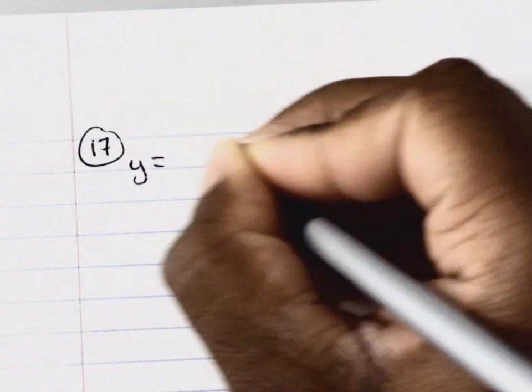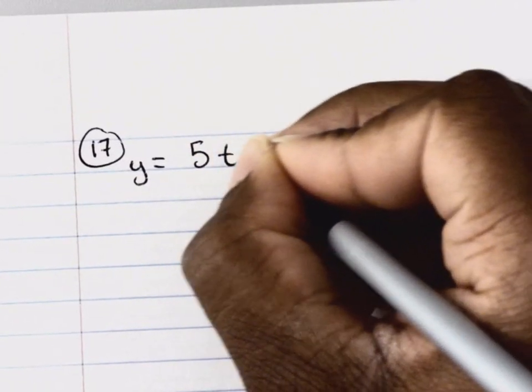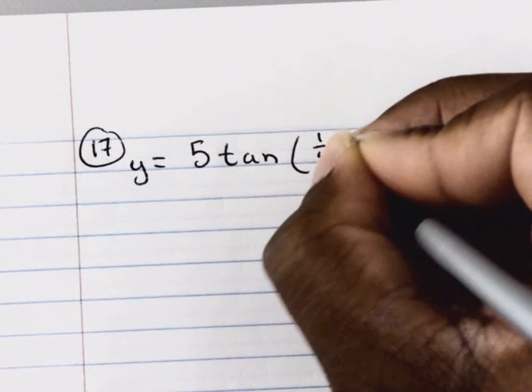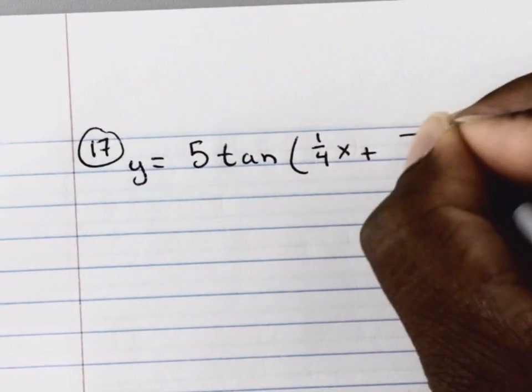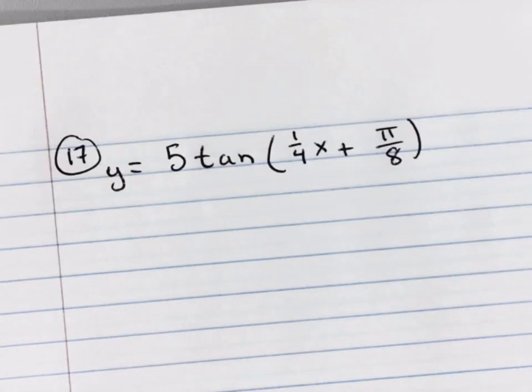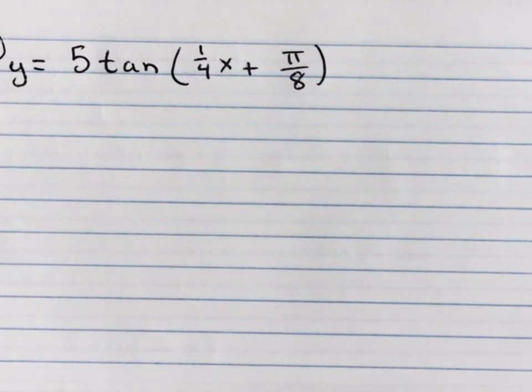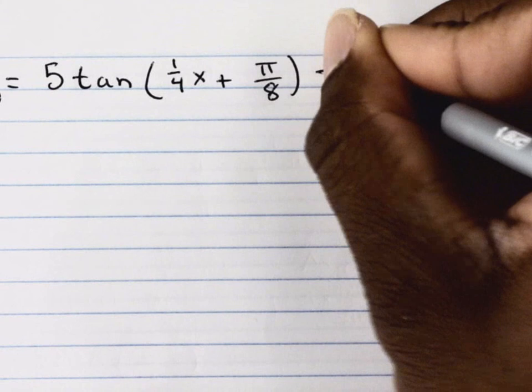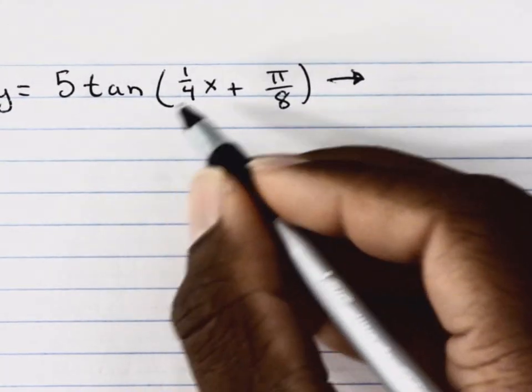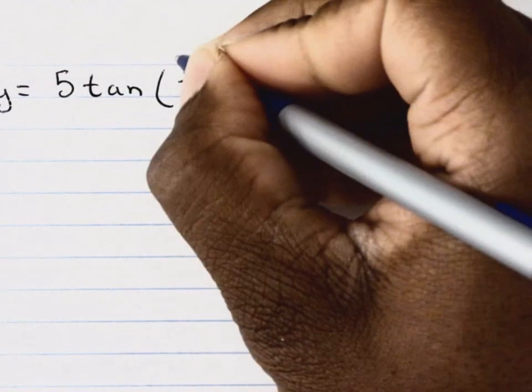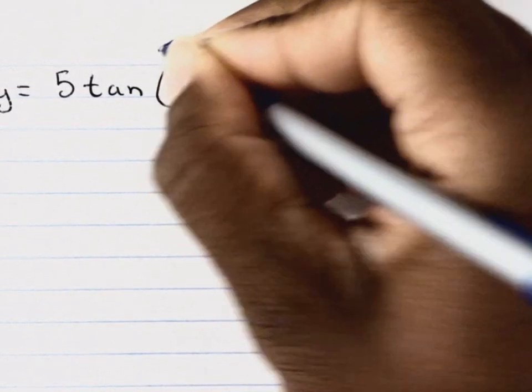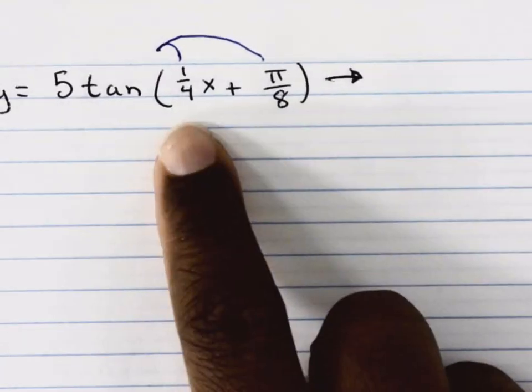All right, and then we get into a bit more work to find the phase shift and such. All right, so number 17, we got y equals 5 tangent 1 over 4x plus pi over 8. So we will have a phase shift. To get started, I'll write it in what we were calling standard form, which means I need to take out b from both of these terms in parentheses.